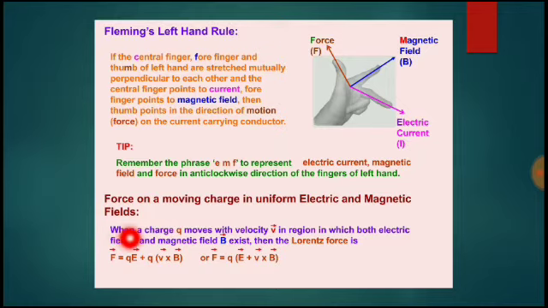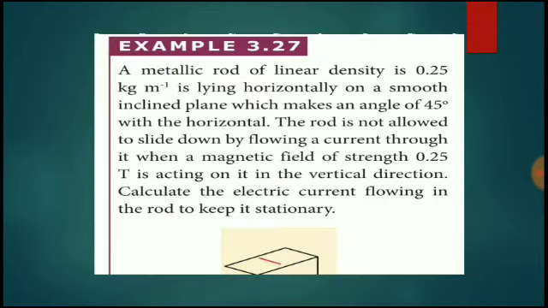Therefore F equals QE plus QV cross B. Since Q is common, Q is taken outside: F equals Q times E plus V cross B. So electric field plus magnetic field.